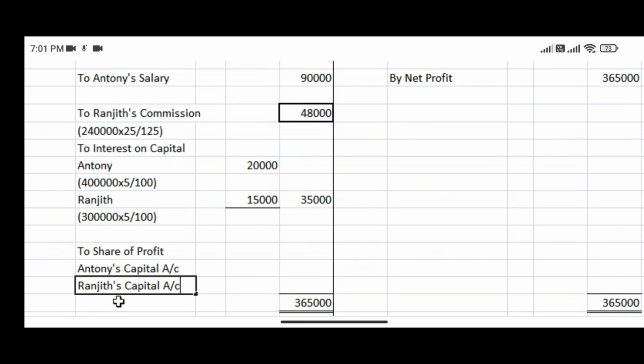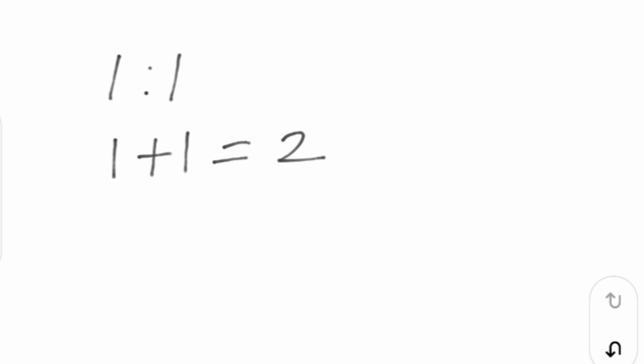So the ratio is 1:1. So let me show you the calculation of the ratio. So Anthony and Ranjit are sharing it in the ratio of 1:1. So first thing, add this one and the other one. So you will get 2.